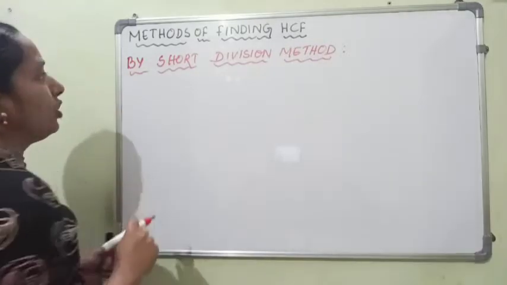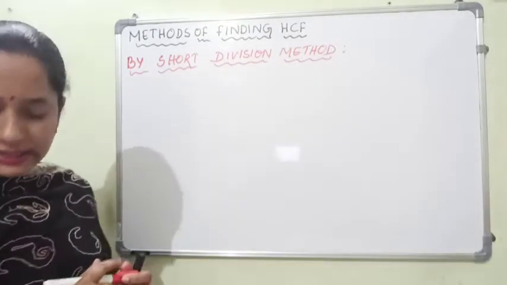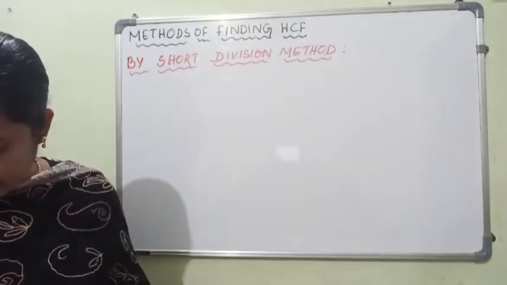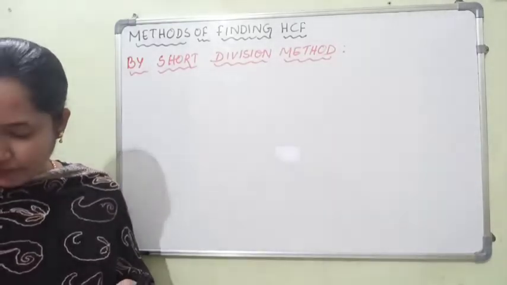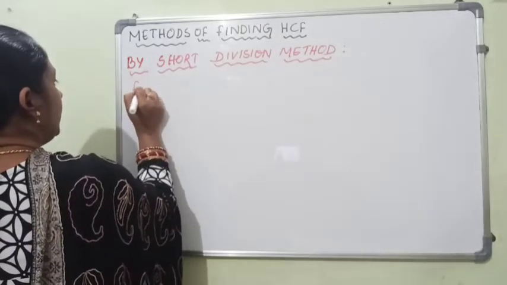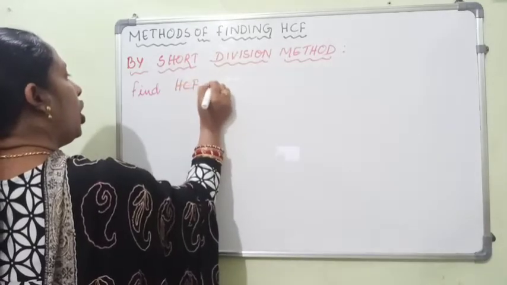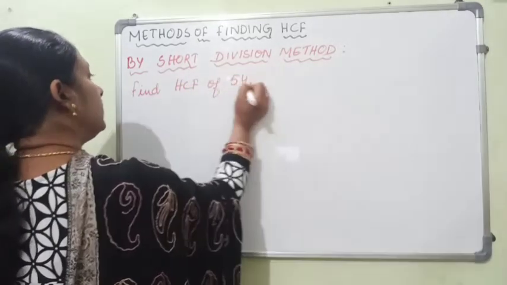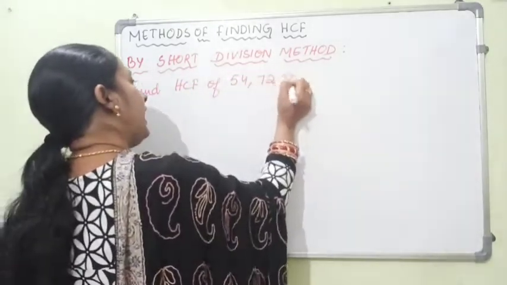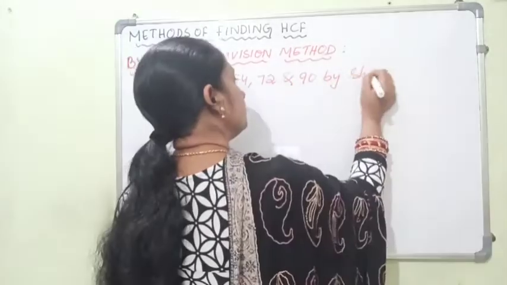Now, if you go for this by short division method, let us take some numbers like 54, 72 and 90. Find the HCF of 54, 72 and 90 by short division method.